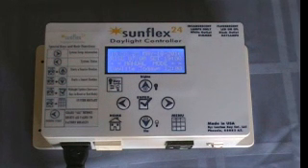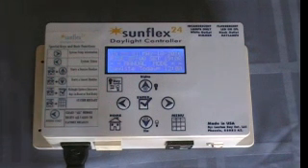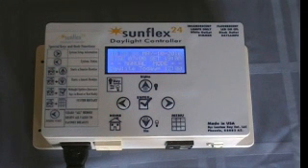You want to make sure that the humidity level is nice and high to keep that shell as soft as possible, so the birds will have a good opportunity to punch their way out of the shell and not die in the shell in the attempt of trying to escape. And that's the SunFlex24 Plus.